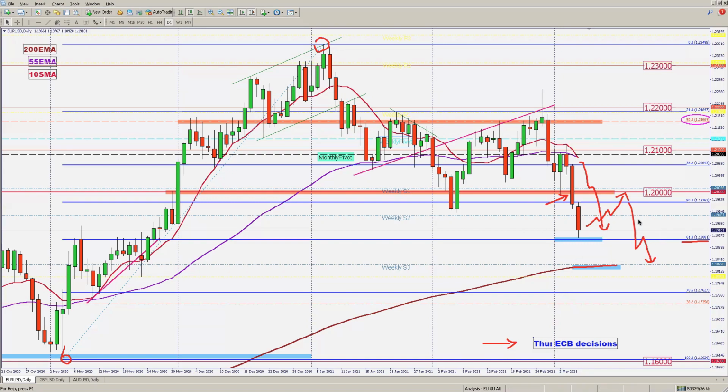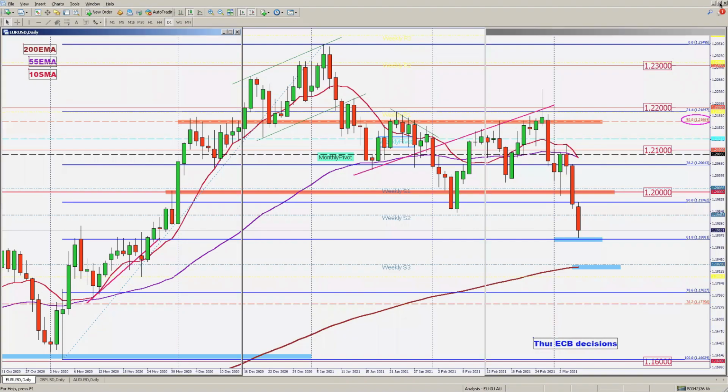But meanwhile, the euro has already weakened below 120. That was the key support area. And it's just sitting at the 119 area. All right. No other major news except for the ECB meeting.